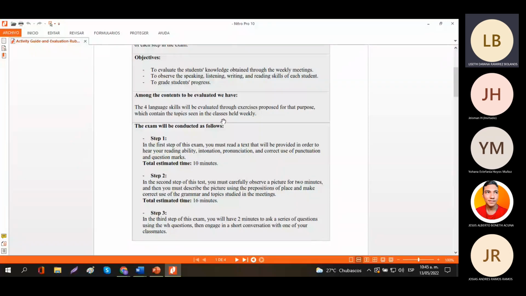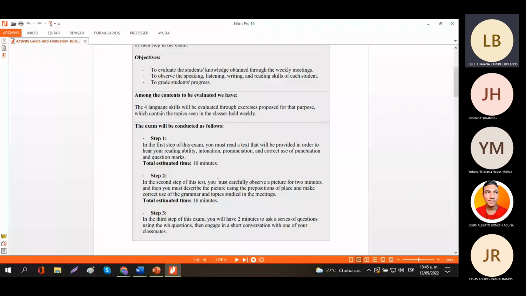The exam will be conducted as follows. Step 1: you must read a text that will be provided in order to hear your reading ability: intonation, pronunciation, and correct use of punctuation and question marks. Remember that.